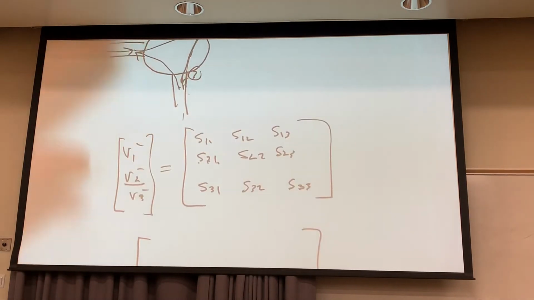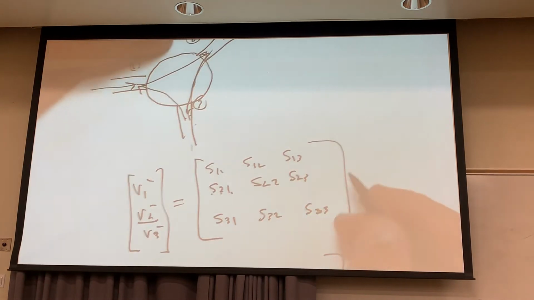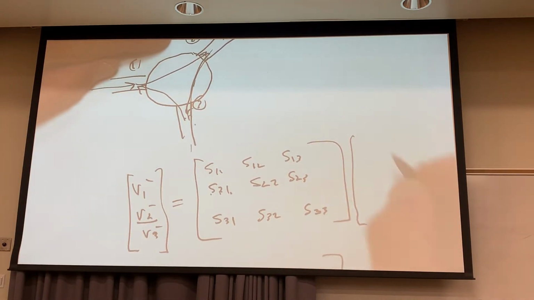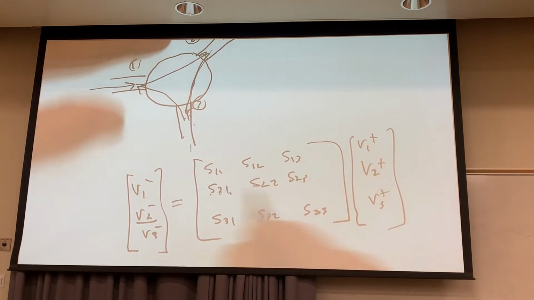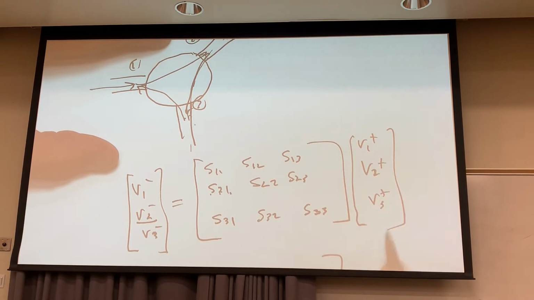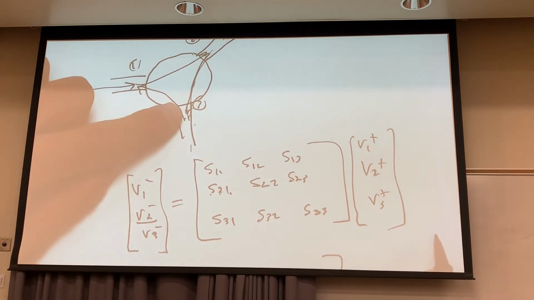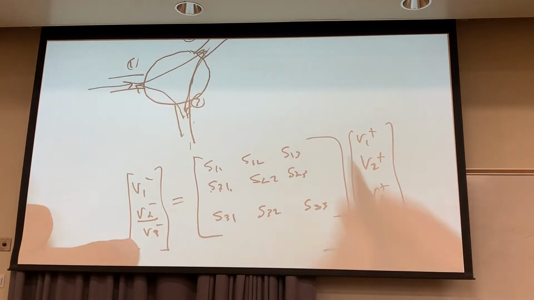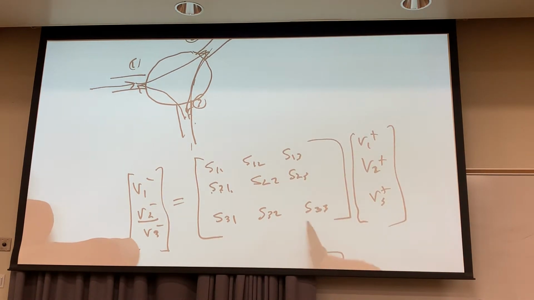Now, what about this one? Coming in from port 2. Remember, this has the V1 plus, V2 plus, and V3 plus on this side. So it's going to be row-column multiplication, right? So now when I look at V3, that's down here, caused by incoming to port 2, so that would be this one, and that would be 1 as well.